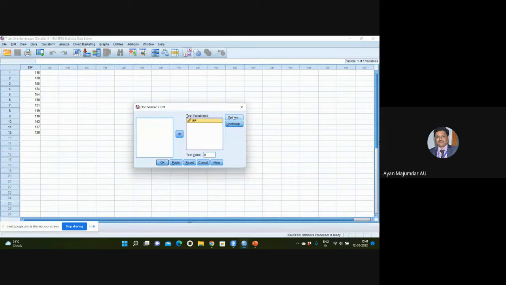Go to Options. By default, it is 95. If you want to test it at 99, you can change it to 99. Here in this case, it is 95.